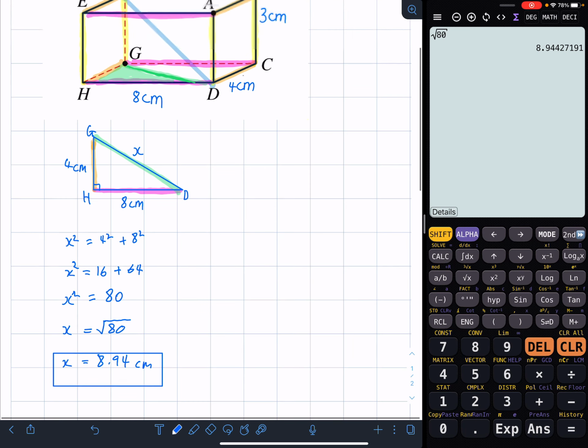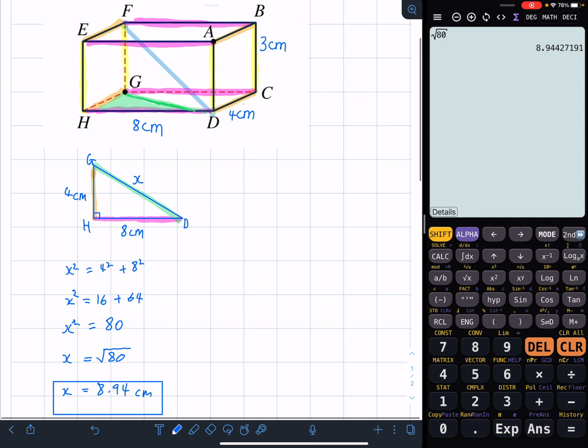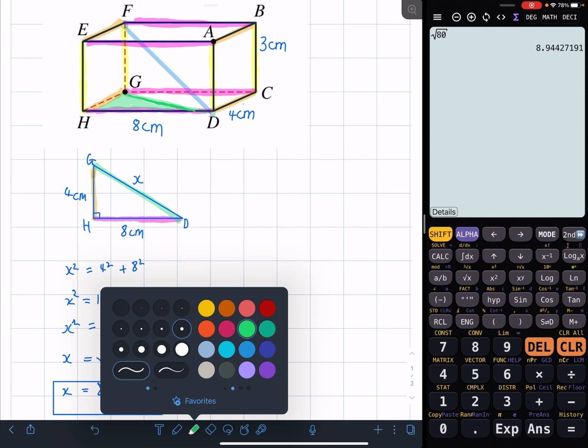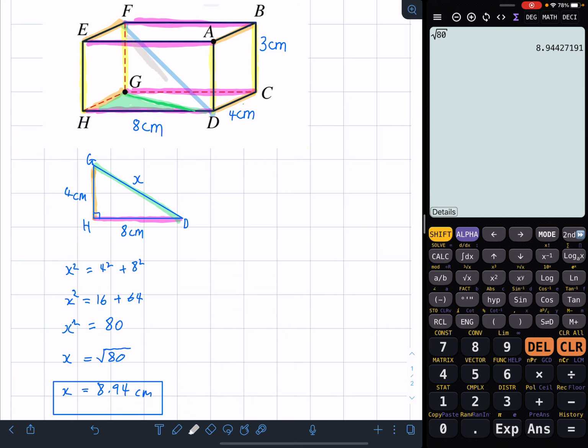Next, I need to draw another triangle, and that will be triangle DFG. I'm going to do that one as a little grey colour. This is a diagonal triangle that runs right through the middle of this rectangular prism.